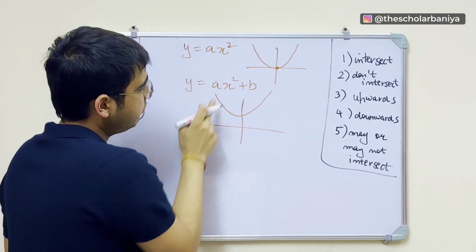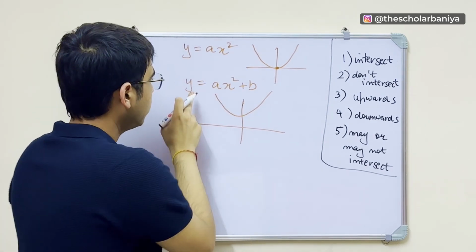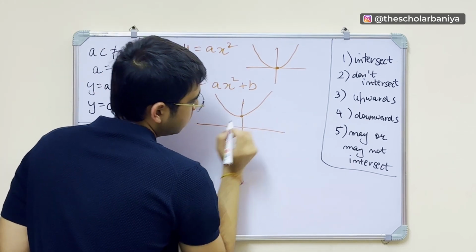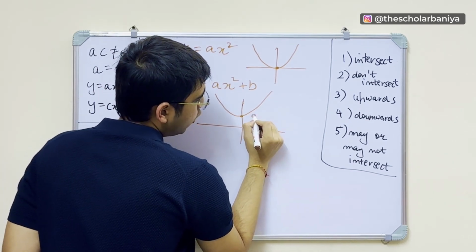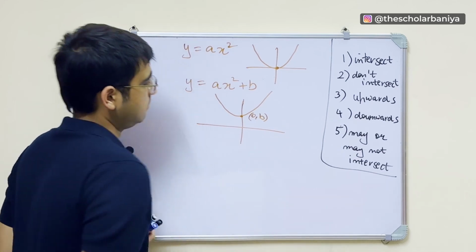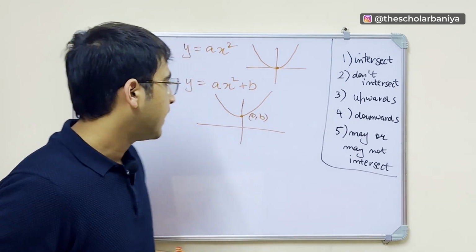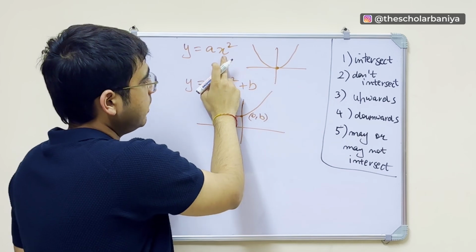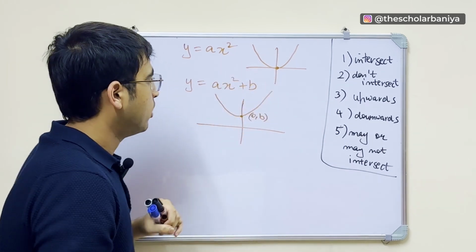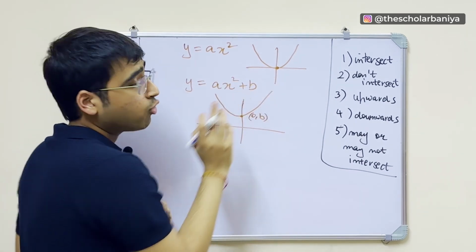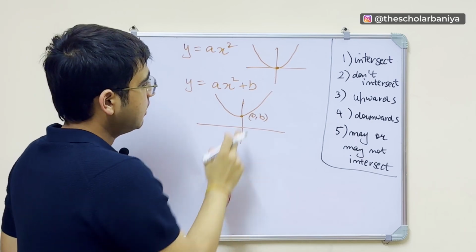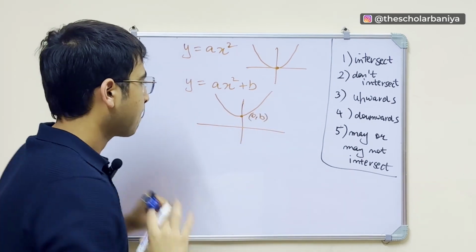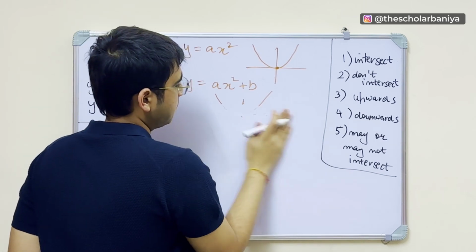But in this case, if we put x equals 0, we get y equals b, which means this point is 0 comma b. So this is just for your understanding that if we have an equation where the power of x is 2, then it is a parabola. And if we have a constant which is added, then it will be shifted like this.